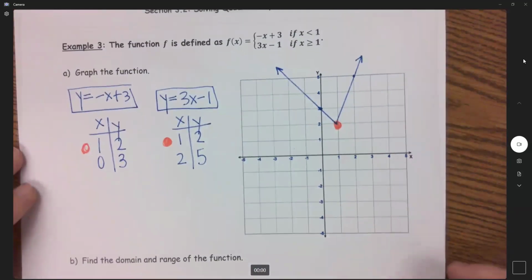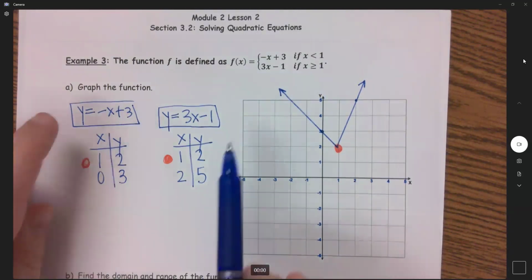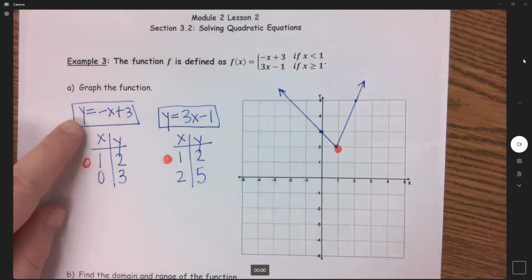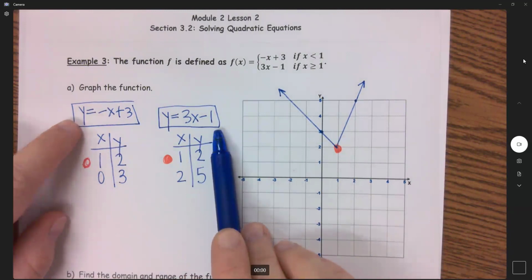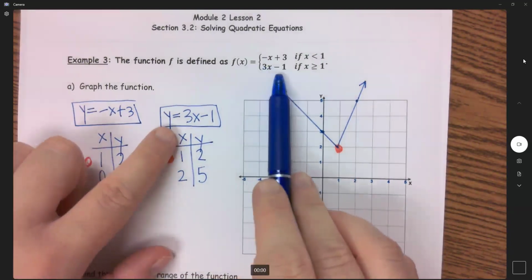Okay, I have already done this one. So first thing we need to do is to make a table. So I have listed my y equals negative x and my y equals 3x minus 1.